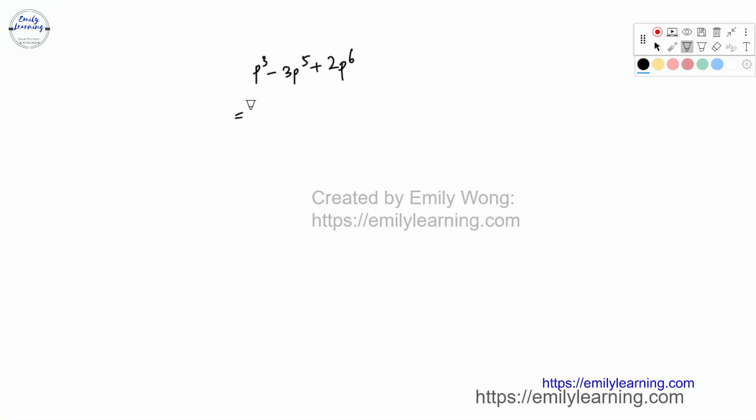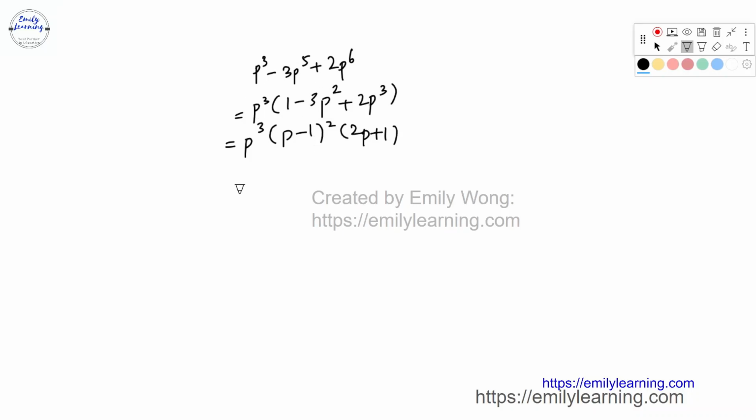So what I'll do is I'll first factorize as much as I can. So I end with p cubed times (1 minus 3p squared plus 2p cubed), and I'm going to find the factors. So when I factorize this, this is what I get.